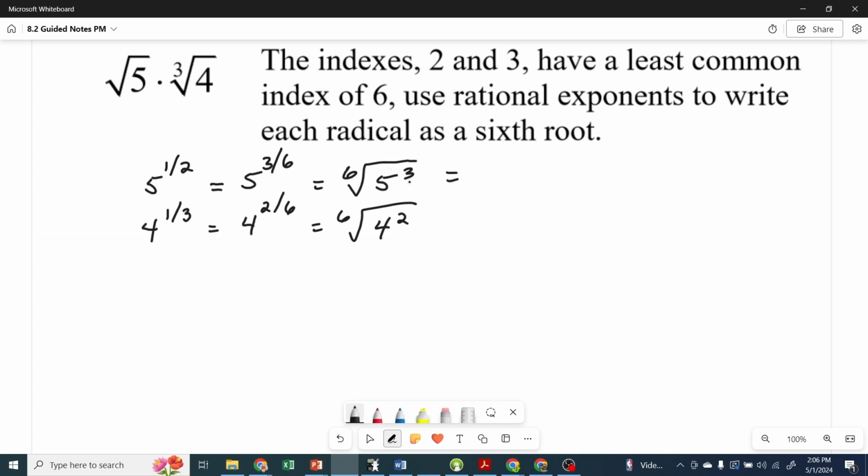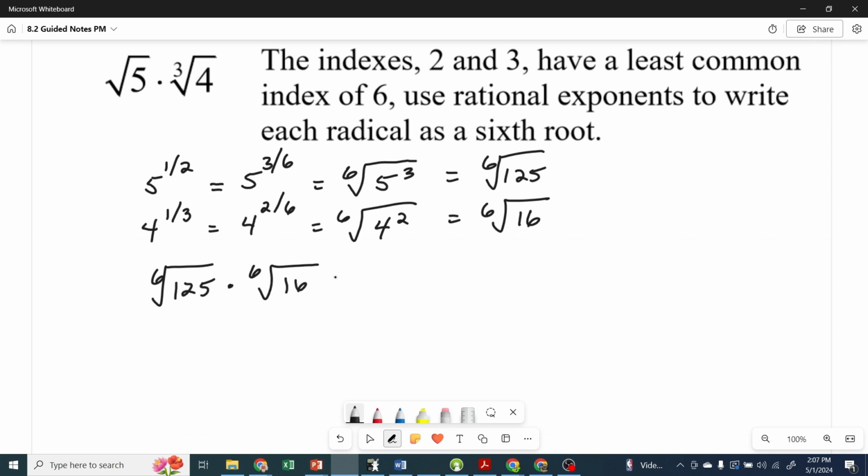So now I can combine them: the sixth root of 125 and the sixth root of 16. The sixth root of 125 represents the square root of 5, times the sixth root of 16, which represents the cube root of 4, and when we multiply them we get the sixth root of 2000.